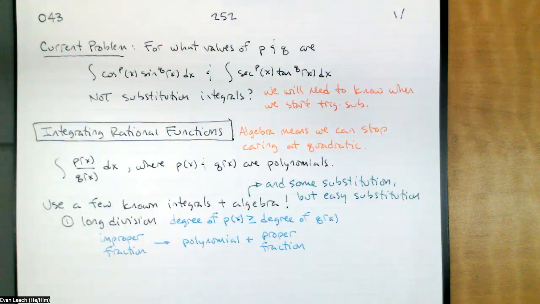This is the weirdest tool that we need. No, partial fraction comes later. The most run-of-the-mill algebraic thing we need is completing the square.